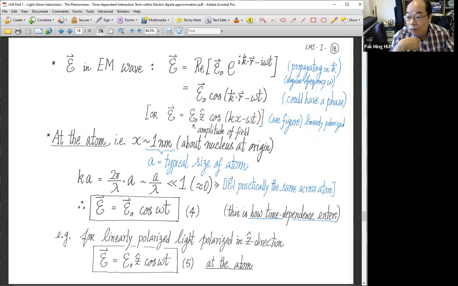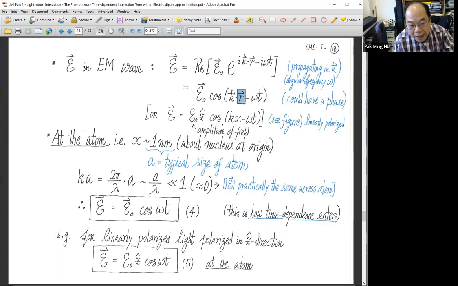Now we make use of our argument. Our argument was the wavelength is much longer than the size of an atom. What we are saying is that when we look at this k dot r term, this is 2 pi over lambda, and you have this r, meaning the field here, when it goes through the atom, it will interact with the atom, but the atom's size is just a.